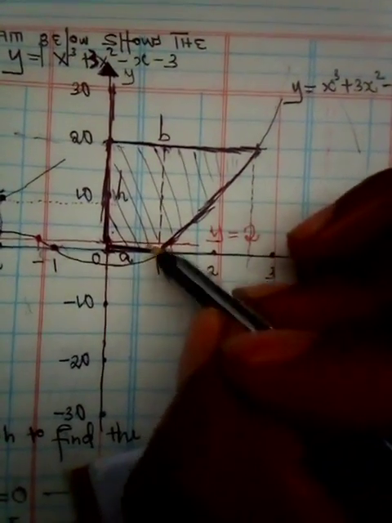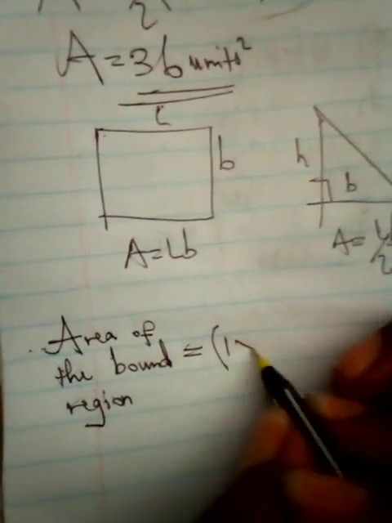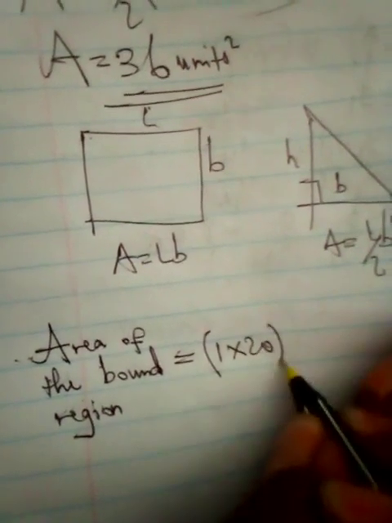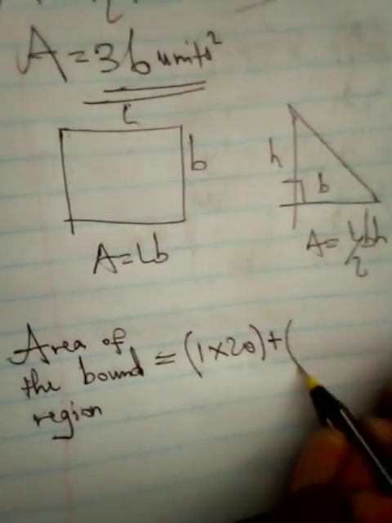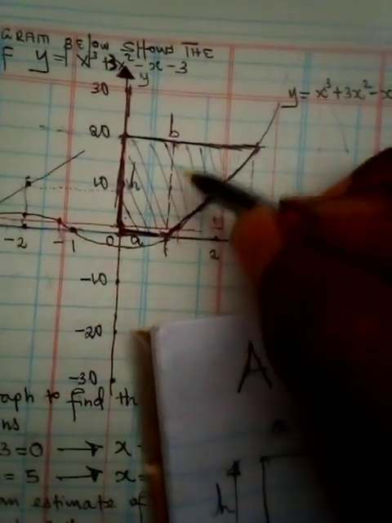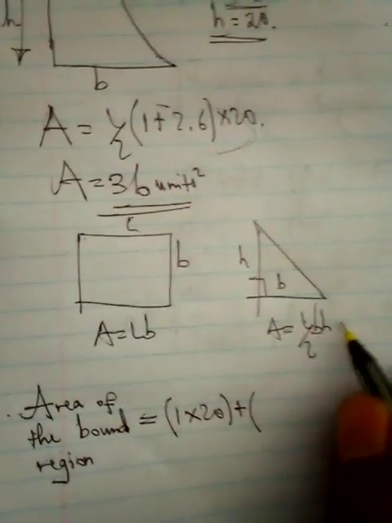So it's 1 times 20, plus, and then remember there is a triangular part here, and of course it's half base times height.